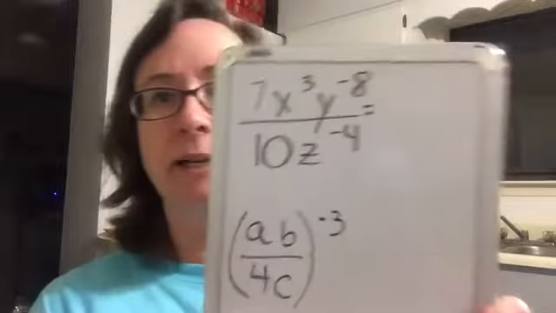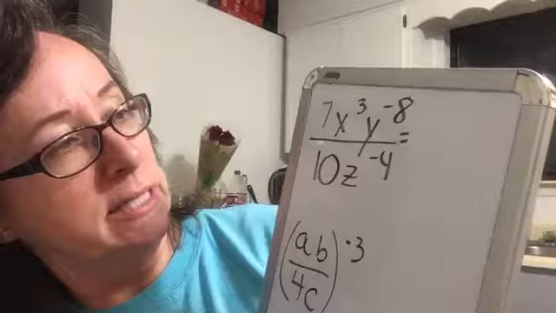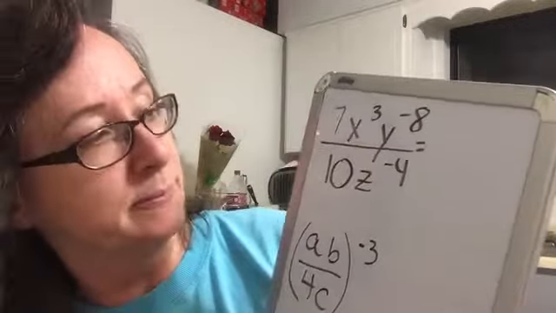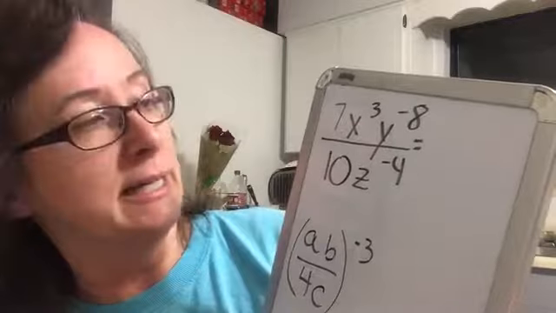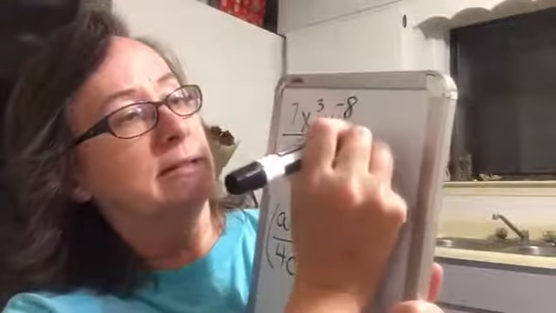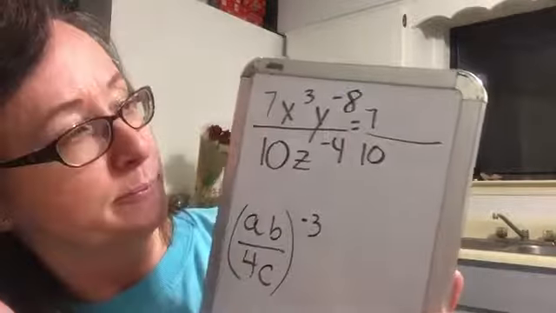Okay, so now this one has some negative exponents, it has some positive exponents, and it has a fraction. Now the fraction cannot be simplified, so the final answer will still have 7/10 in it.